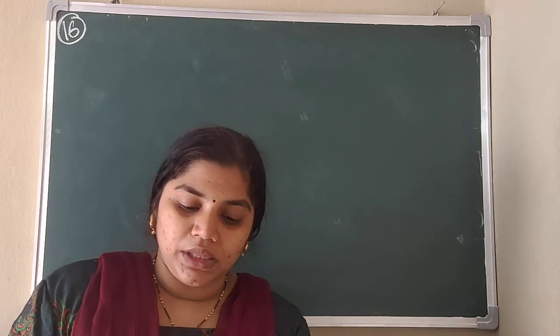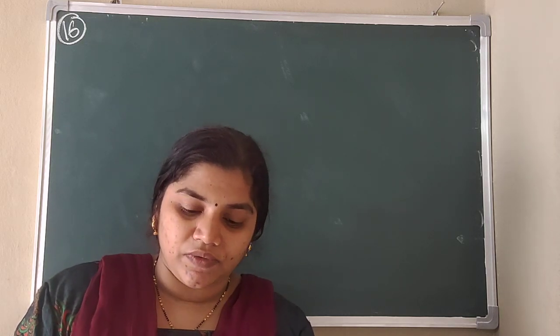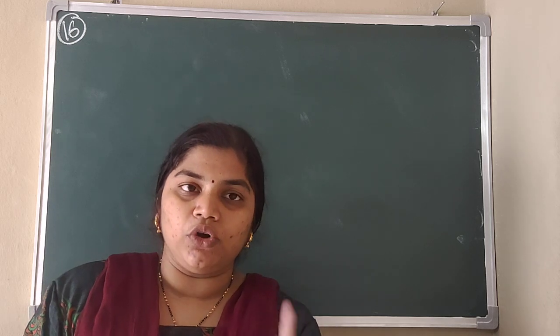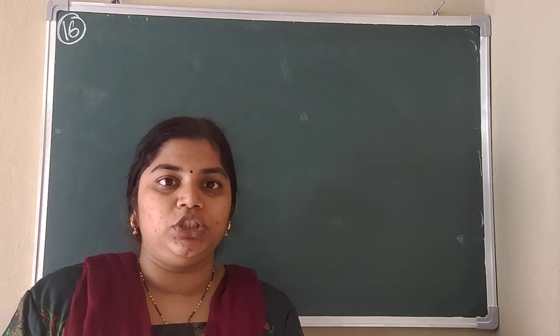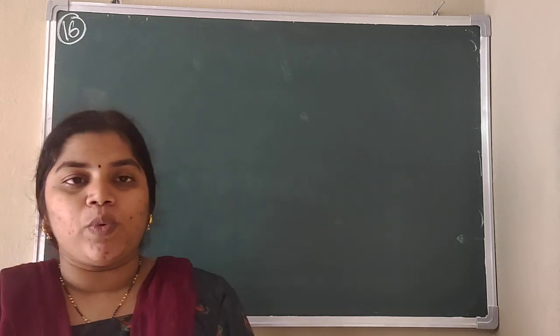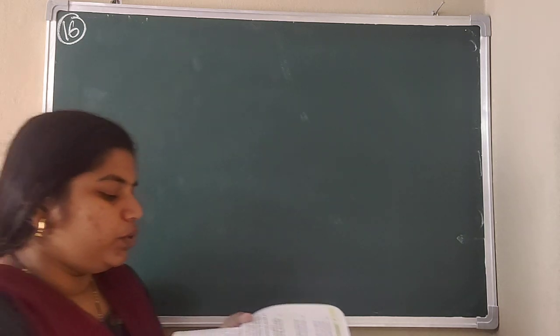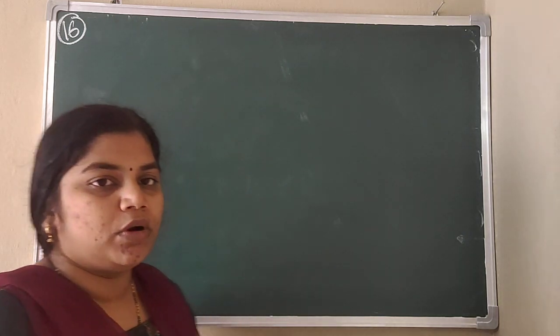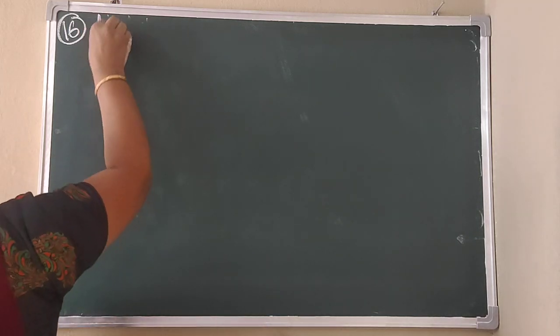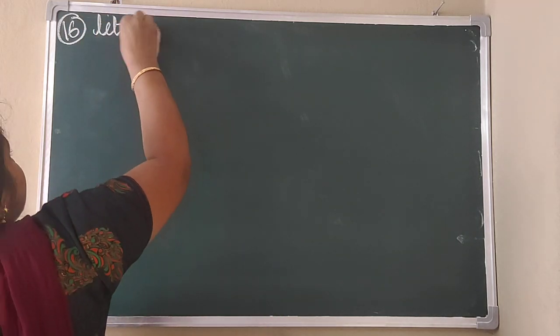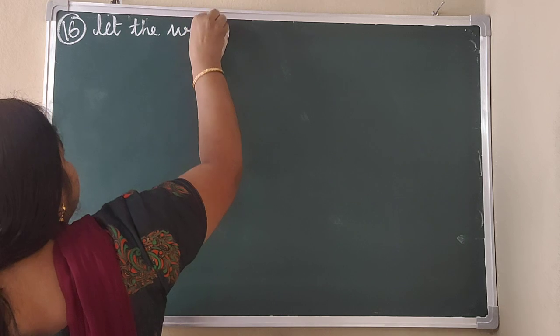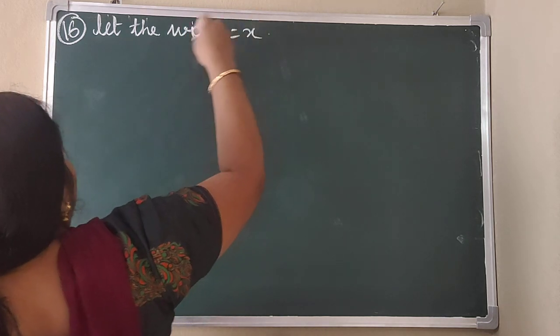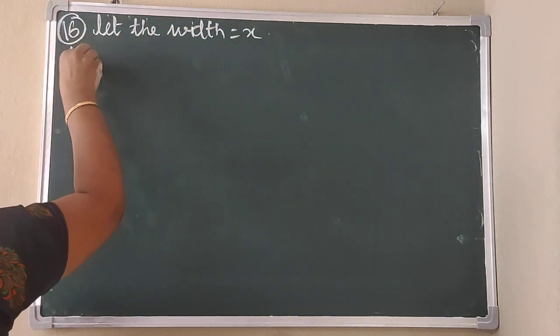So what is the perimeter they have given? Perimeter is 177, and they are talking about length. They have given the information about length. So length is twice the width. We don't know the width value, so we are taking the form of x here. So let width be x, and they have given the information about length.